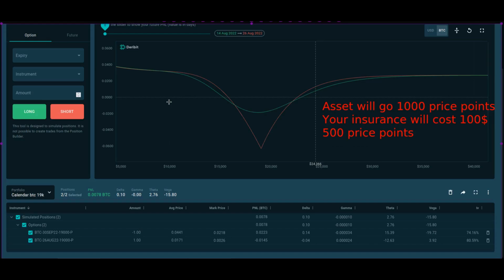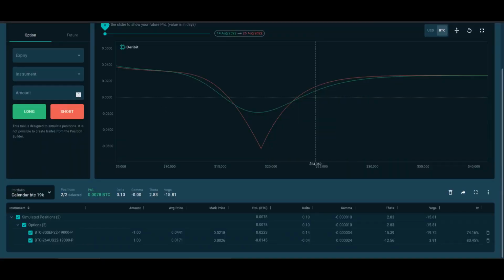So in this case, the option or insurance for your position will cost, for example, $40. And this is how implied volatility and historical volatility work. Let me show you.